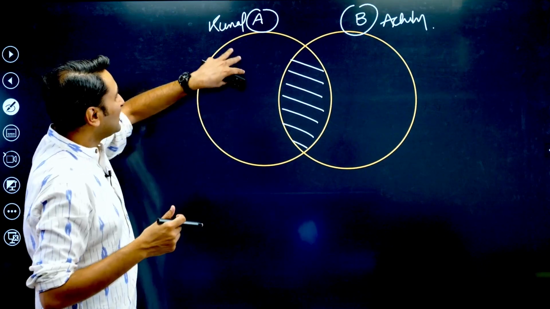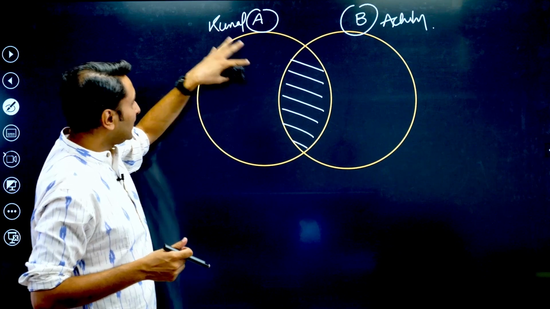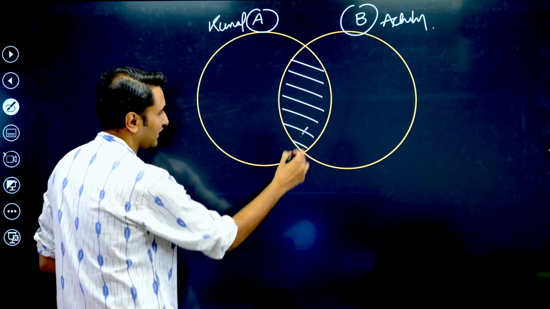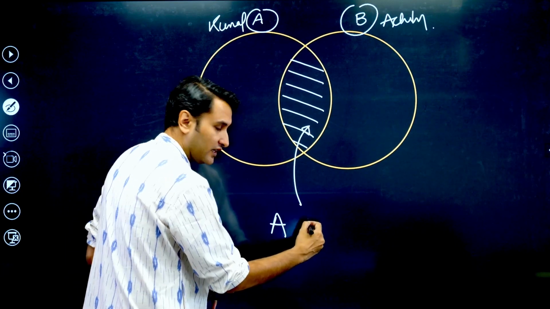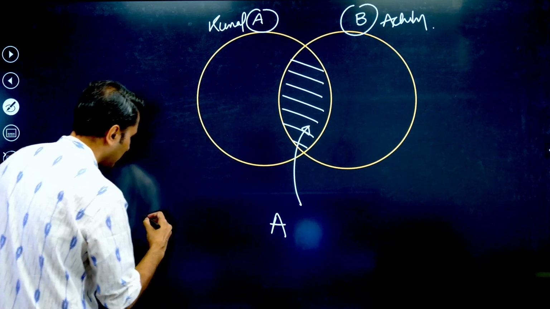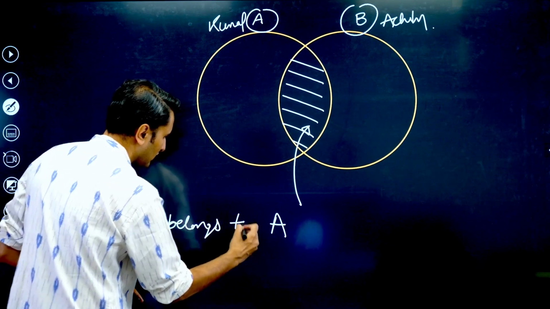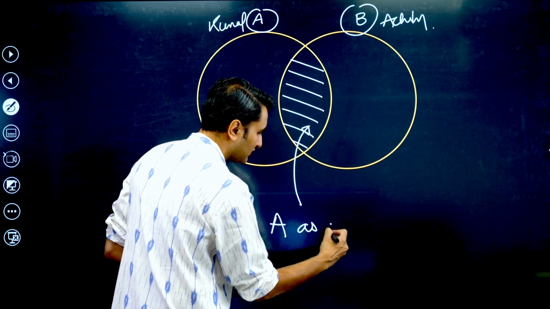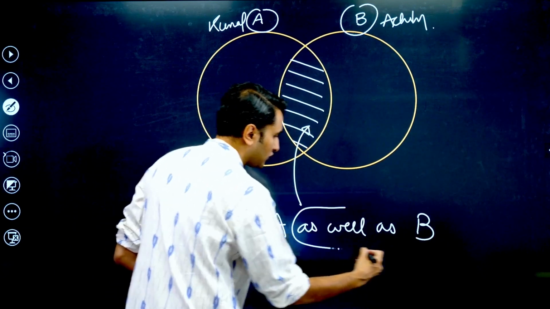Anyways, so I am in the common area between A and B, and this common area is nothing but A as well as B. So x belongs to A as well as B. At times we use the word AND for this.